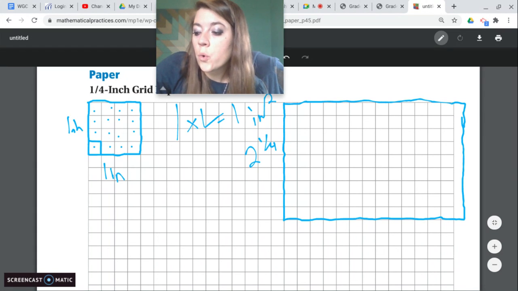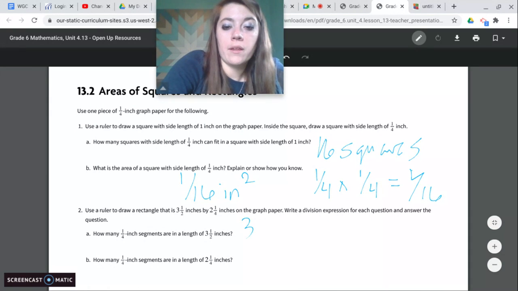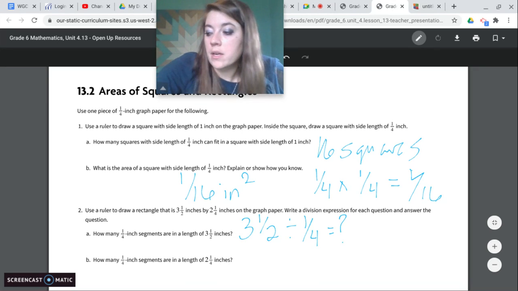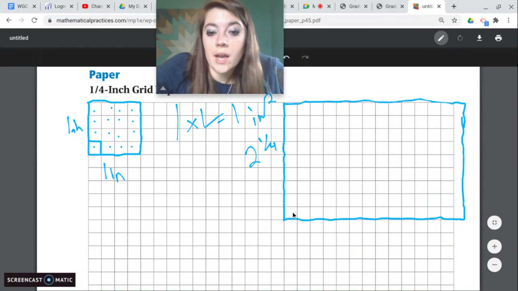So how many 1/4-inch segments are there in a length of 3.5? Well, how would we take and write a division equation for that? We'd take the whole length, so the 3 1/2, and divide it by 1/4, because we want to know how many 1/4 go into 3.5 equals question mark. Now, we can solve this using same times flip. We can also check by counting here.